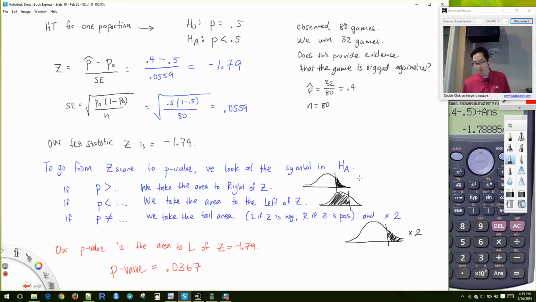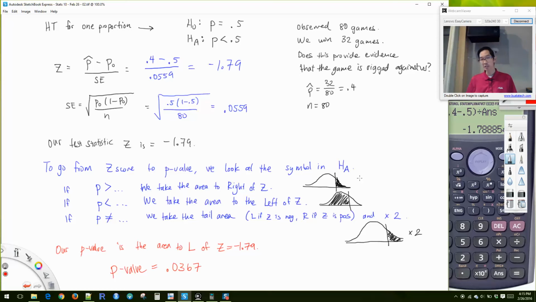Okay, so let's just pause for a second, all right? So this says when you play 80 games, and if the game is fair, you should be winning about 40 games, right? But of course, because of random chance, you might win more than 40 games or you might win fewer than 40 games, okay?